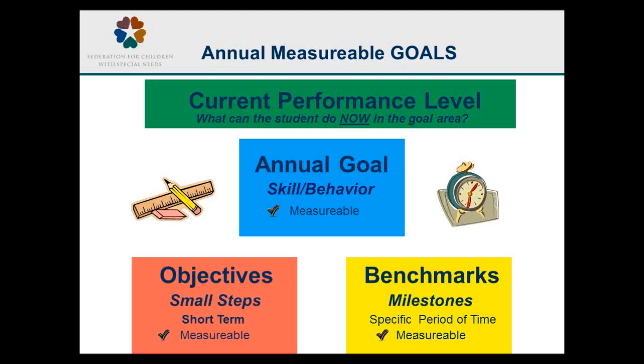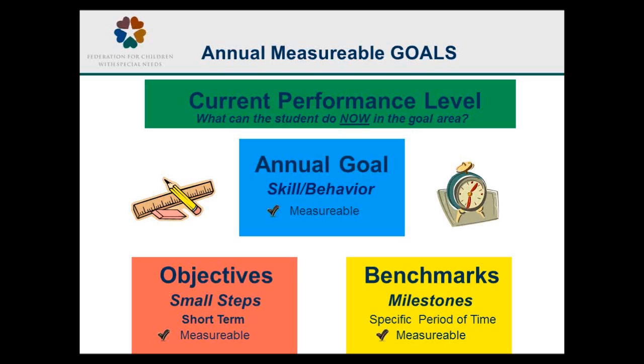And then that goal is going to be broken down into either objectives, which are just smaller steps that are short-term and measurable, or benchmarks, which are essentially milestones. So think of objectives as a recipe. First, we want to make a cake, so first of all, we're going to get the dry ingredients, and then we're going to get the eggs and the wet ingredients, and then we're going to mix it together.